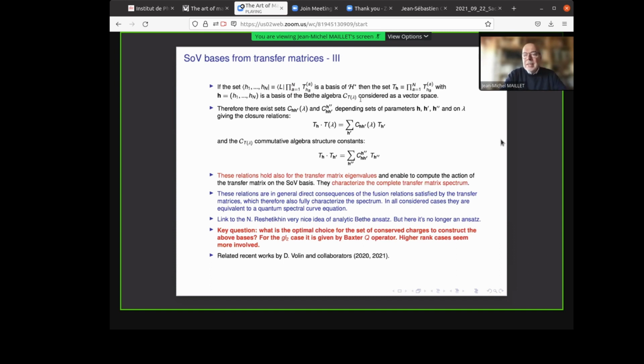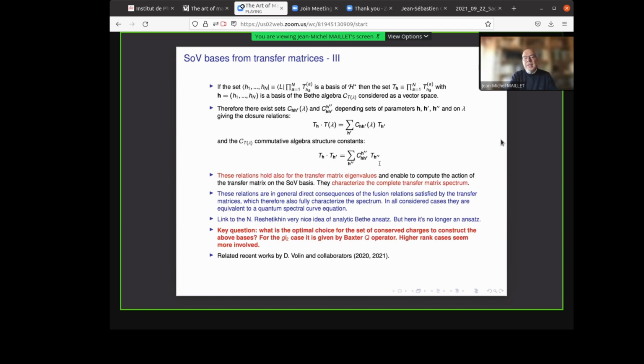Okay. But C_T(λ) is not just a vector space, it's also an algebra, a commutative algebra. So if you multiply two conserved charges commuting with T(λ), they are still commuting with T(λ), so they can be decomposed linearly on the basis. So there exist complex numbers C_{h,h'}(λ) or C_{h,h',h''}, such that T_h T(λ) can be decomposed linearly on the basis and T_h T_{h'} also.